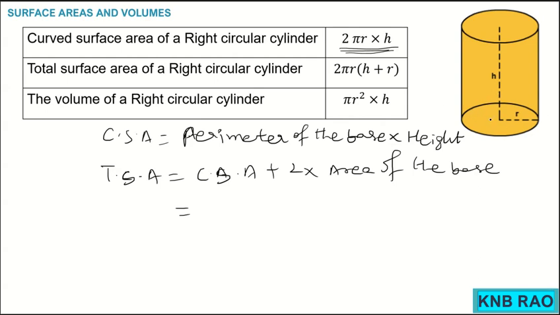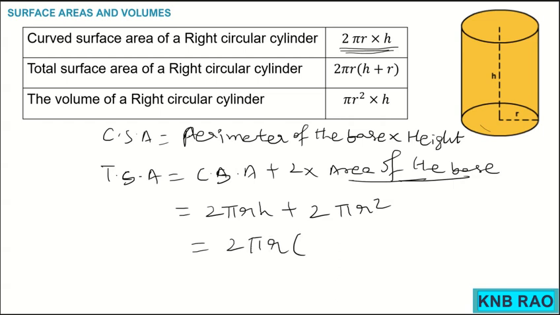It is called circumference, and into height gives you CSA, and 2 pi r h plus 2 times pi r square, where the area of the circular base is pi r square. So in this 2 pi r, if you take common, it gives you 2 pi r of h plus r. That's how this formula comes.